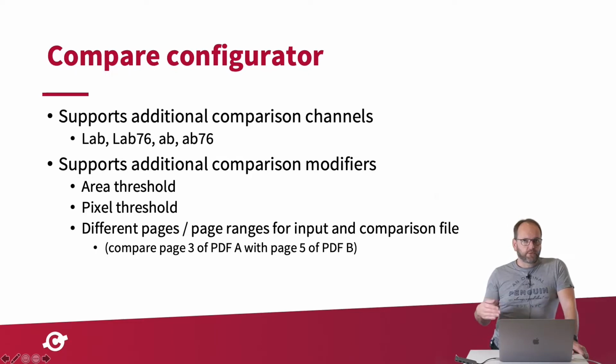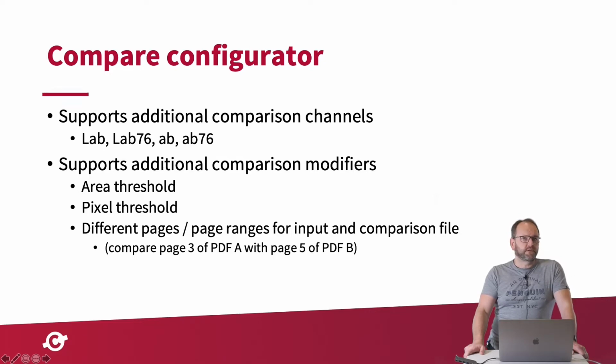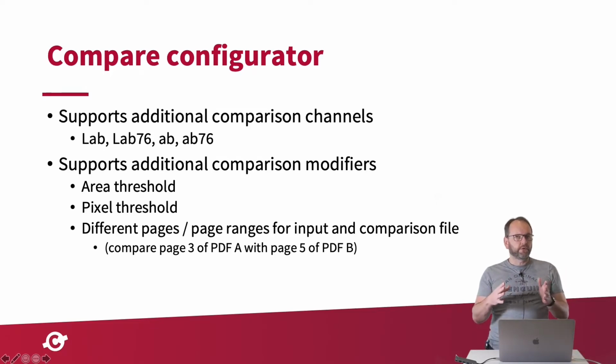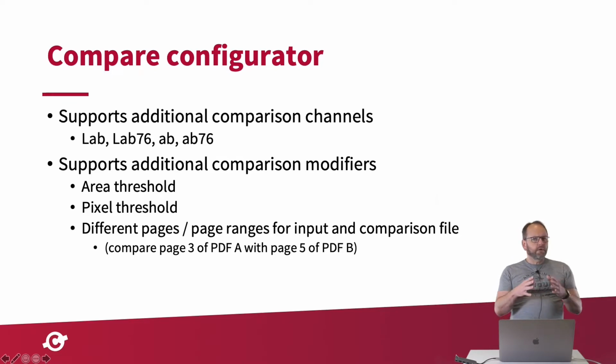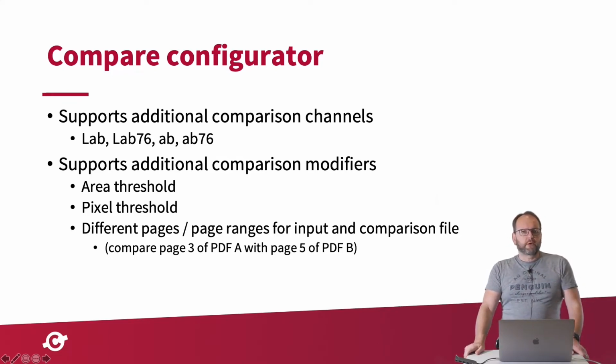I'm talking about delta E comparisons, both delta E 76 and 2000. And then the new functionalities about pixel threshold and area threshold, and what was it, contiguous area, that has also been added to the compare configurator, so you can use that there as well.